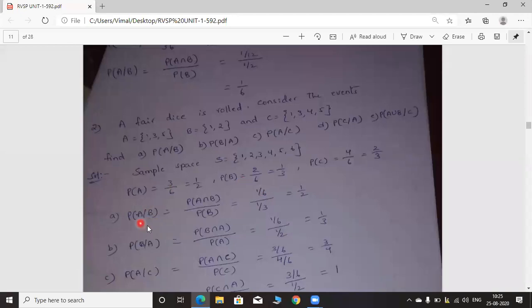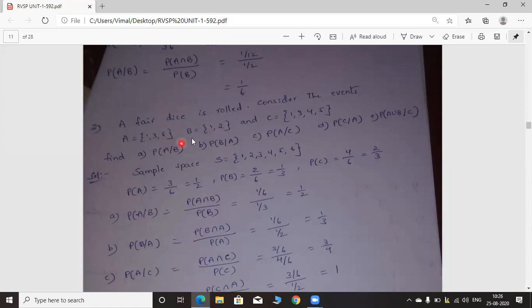Okay. So here first solve the A bit. Probability of A given B is equal to, what is the formula? Probability of A intersection B by probability of B. What is meant by probability of A intersection B again? The common portion for both events A and B. Okay. So observe the events A and B. Event A has 3 numbers 1, 3, 5. Event B has 2 elements 1, 2.